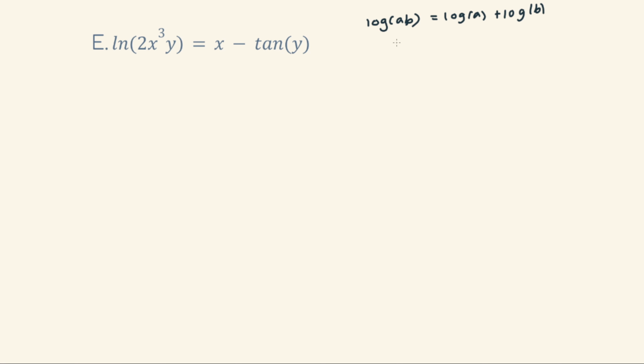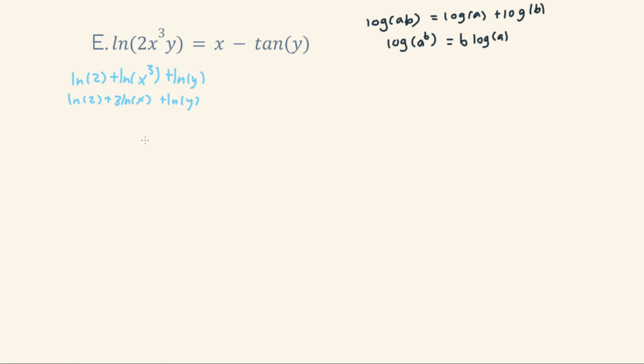And also, if you remember, log of A to the power of B, you can pull that to the front. This is just B log A, right? So this ln term here, you can rewrite this. This is just ln of 2 plus ln of x cubed plus ln of y. And now you can use the second log property that I wrote here. You can rewrite that as ln 2 plus 3 ln x plus ln y.